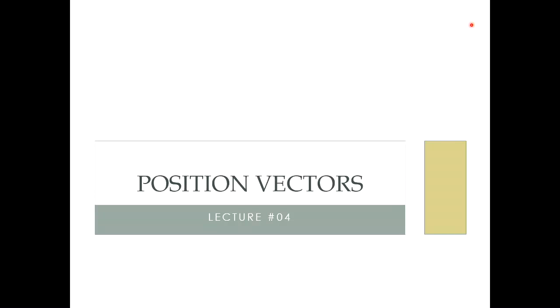Now, if you remember, at the very first lecture, I gave you Newton-Euler equations, and there was some R, R dot, R double dot inside. So today we are preparing the idea of position vectors. In order to set up Newton-Euler equations, we would need to start solving problems.